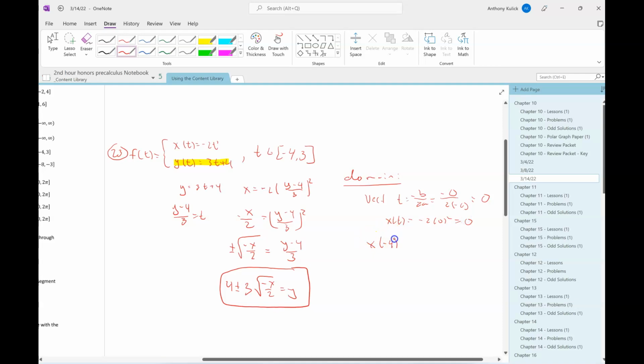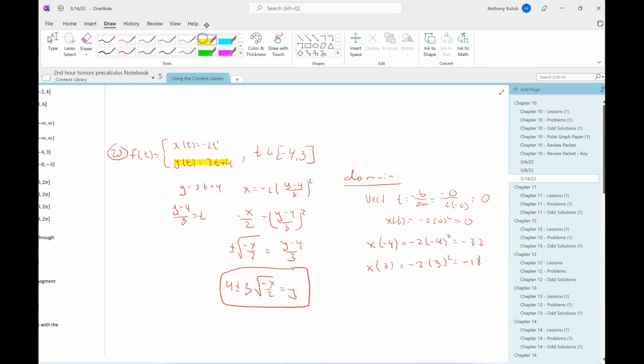Then x of -4, and then my x of 3. So the minimum is -32, and the maximum is 0.